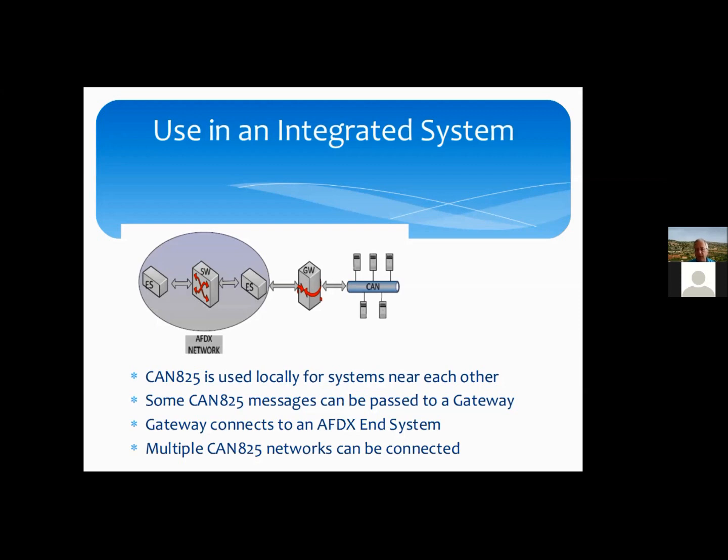It's 1,500 bytes at a time. And it can go for hundreds of meters because you've got a bunch of switches in the middle, and there's really no limitations over there. So it turns out that if you've got localized short amounts of data, you're going to use CAN Bus. And if you've got large data, you're going to use AFDX.